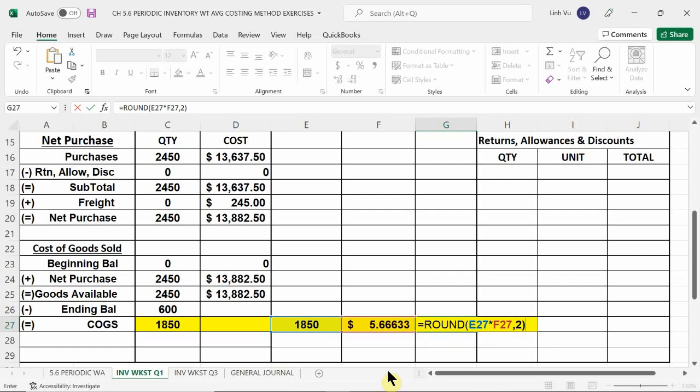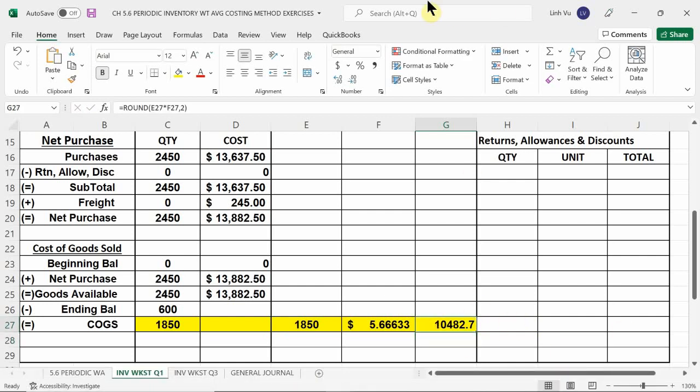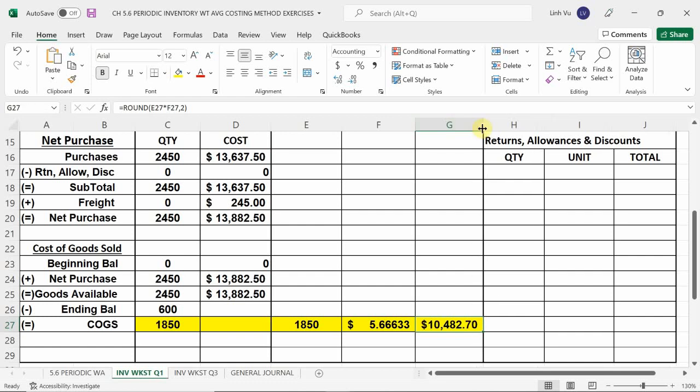You need to end your argument with a parenthesis, or you could just press enter. And when you press enter, it's going to tell me that it is a total of $10,482.70.